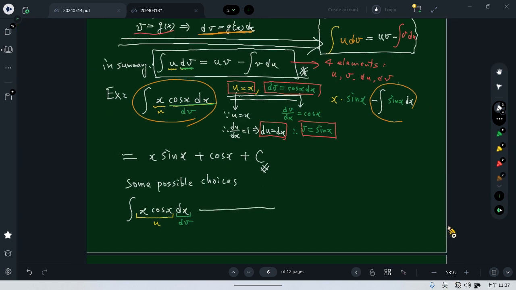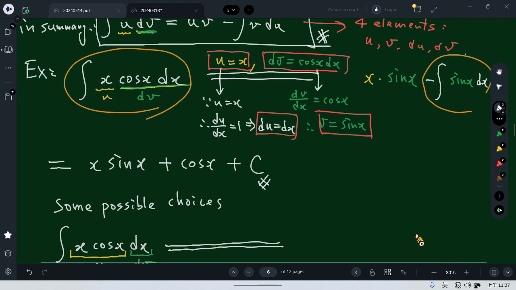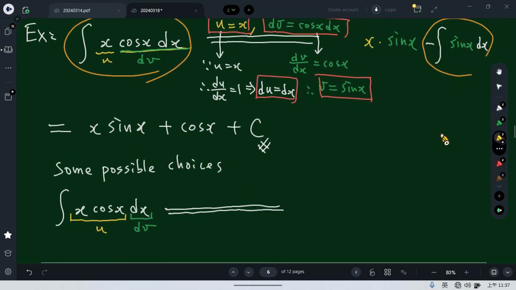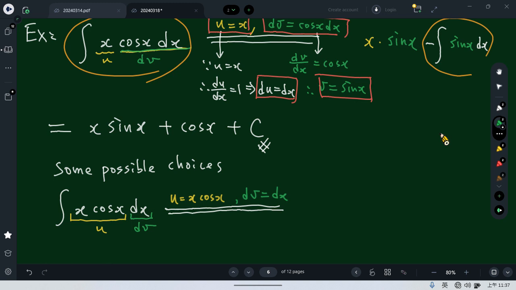By following this, I have u is equal to x cosine x. Then dv is assigned to dx, right?